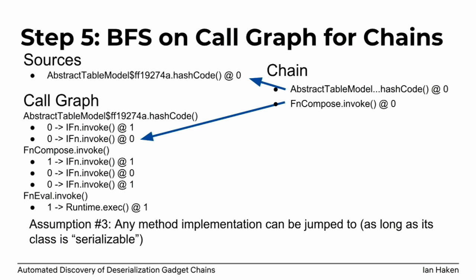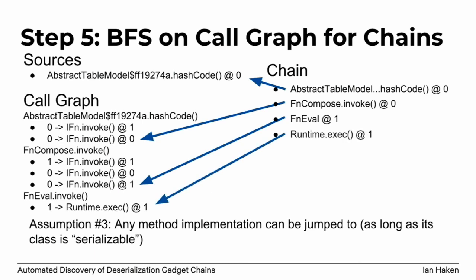You look at all the things that invokes, and as we are walking through this, we might choose the eval function as the implementation we invoke here, and then inside that eval function, we know that it calls Runtime.exec, and then you end up with this gadget chain. Because we know Runtime.exec is interesting, you can invoke arbitrary code with it. So this is how the tool ends up outputting a bunch of gadget chains it discovers from the classpath.